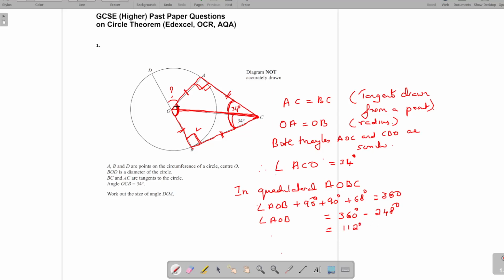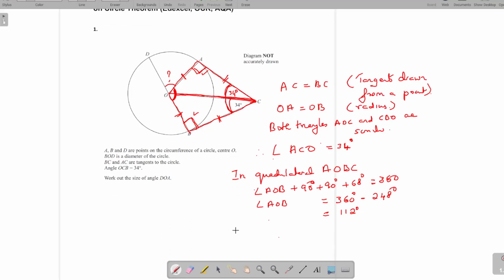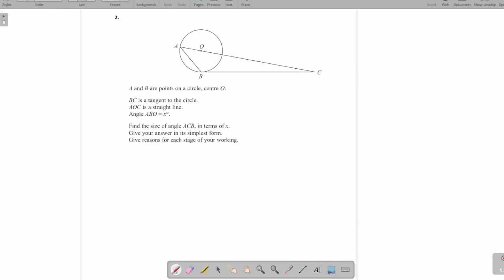So we know now AOB is 112, so we can find AOD, because angles in a straight line. Angle AOD is 180 minus 112, which is 68. So that's that.